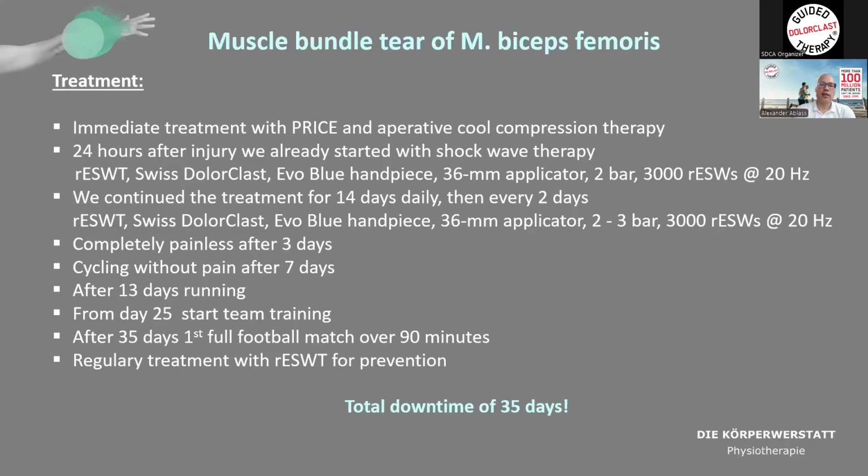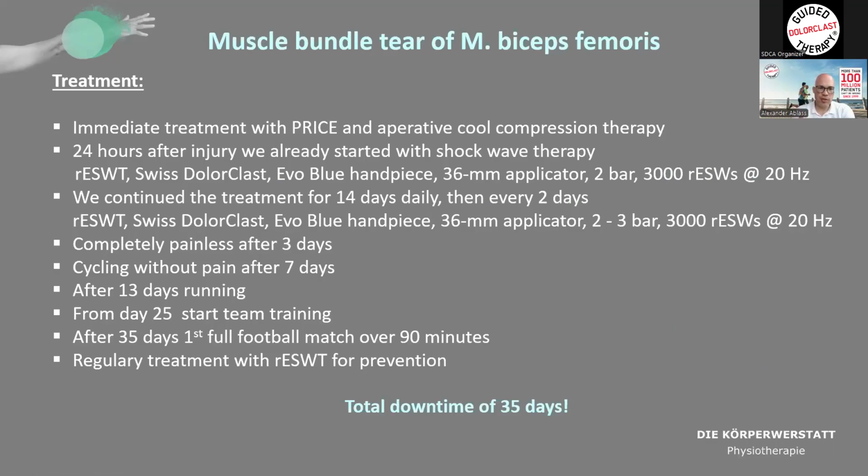Please don't write down all the pressure numbers or impulses and frequencies. This is just the individual setting. I will tell you at the end the main setting, how you can start every treatment. Then we continued the treatment for 14 days. It was completely pain-free after 3 days.